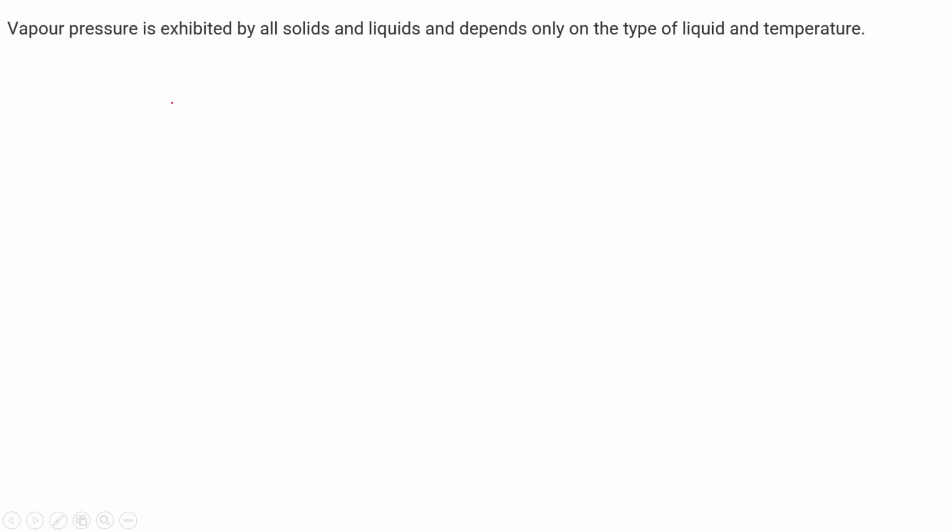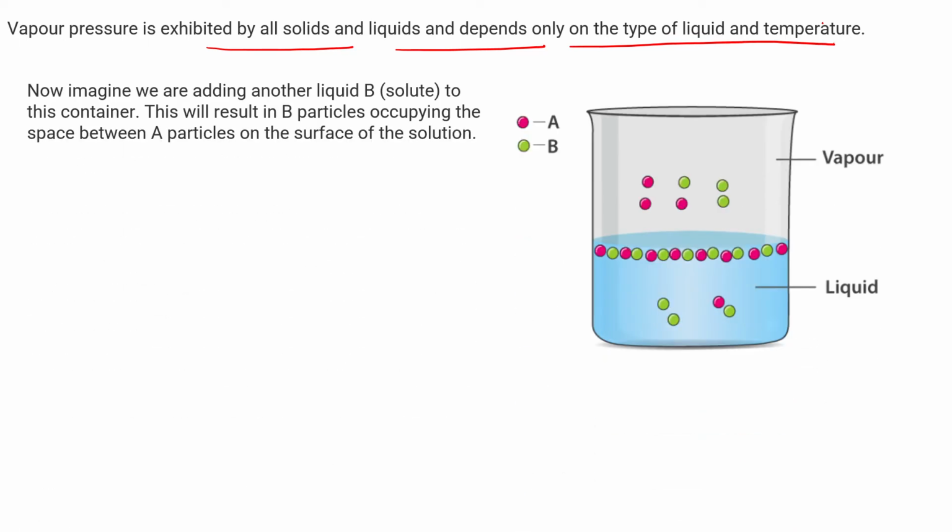Now, vapor pressure is exhibited by all solids and liquids, and it depends on the type of the liquid and the temperature. Now, imagine that we are adding another liquid B acting as a solute. The B molecules will hinder the motion of A outside and inside the two phases.